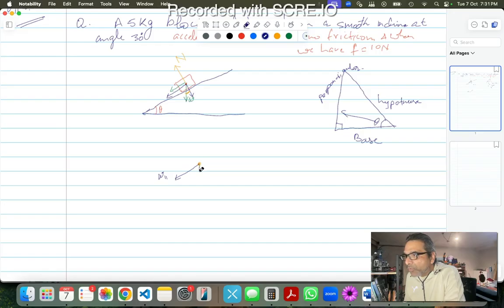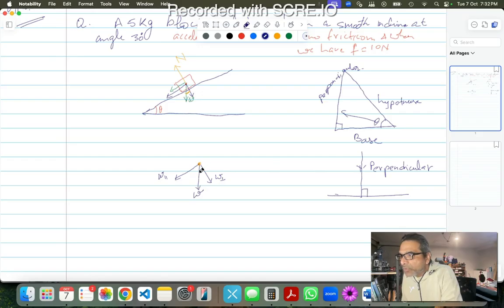This is our actual weight, and this is the perpendicular component, W perpendicular. In normal terms, if there is a straight line and we draw a line at 90 degrees to it, that is the perpendicular. So now there are two components, and this angle is our theta.